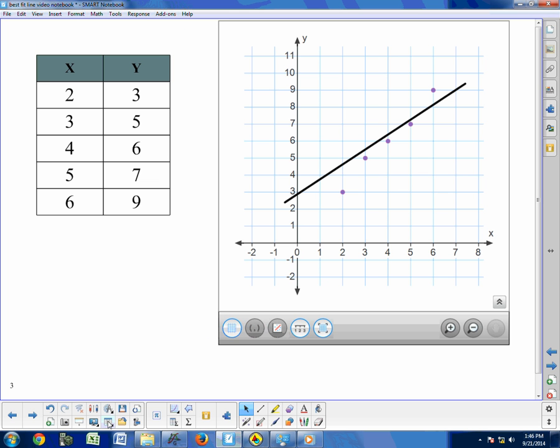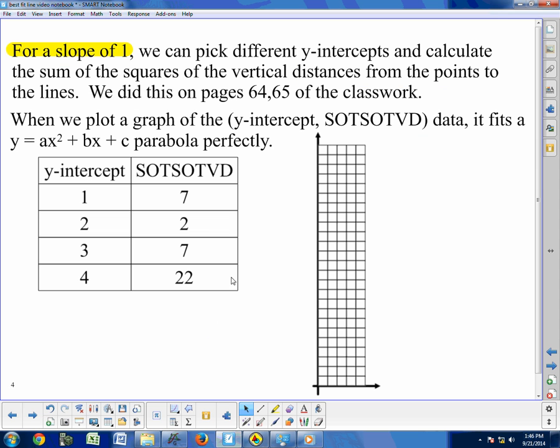Now program FIT will do this work for us automatically by taking the line with a given slope. So it asks for a given slope. If you put in a 1 and then a y-intercept of 1, it'll calculate that sum of the squares of the vertical distances as 7, as I just did.